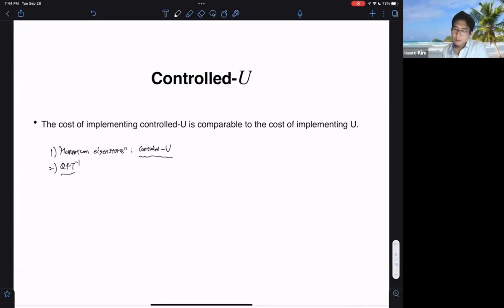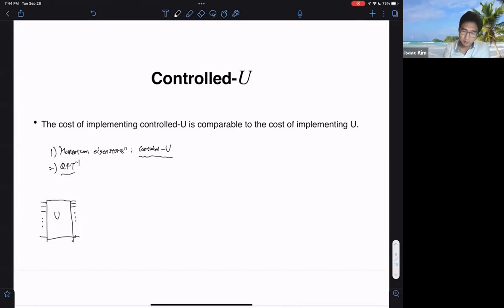In most cases, the setup is such that we know the unitary, meaning that we have this unitary, which we can think of as a big black box.